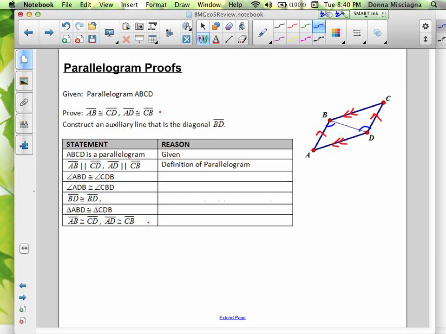We also know that angle ADB, this angle here, is congruent with angle CBD.